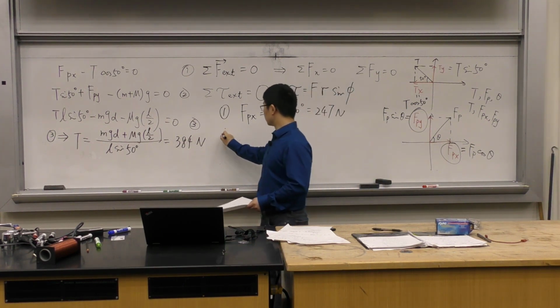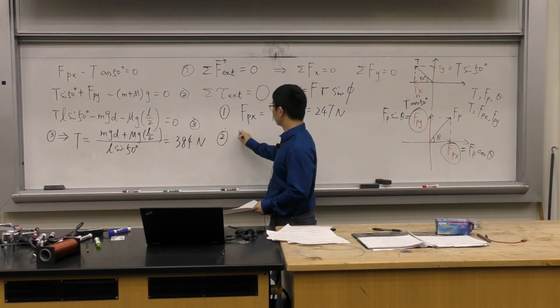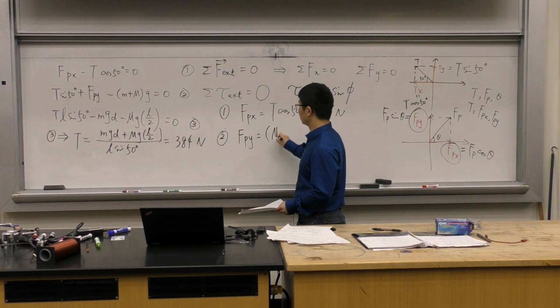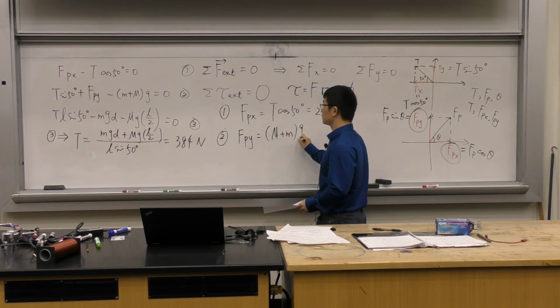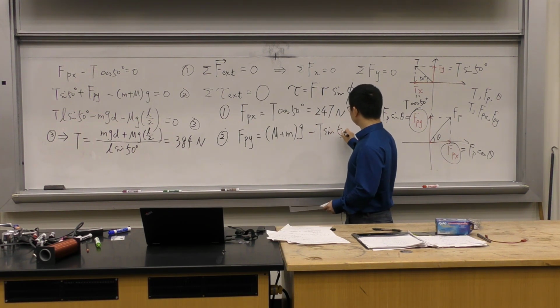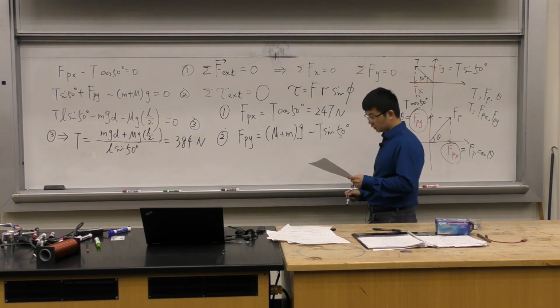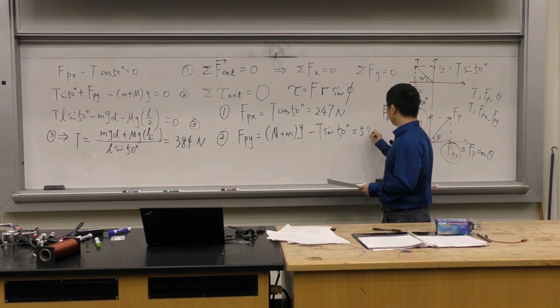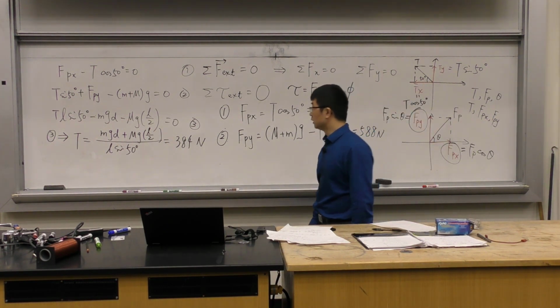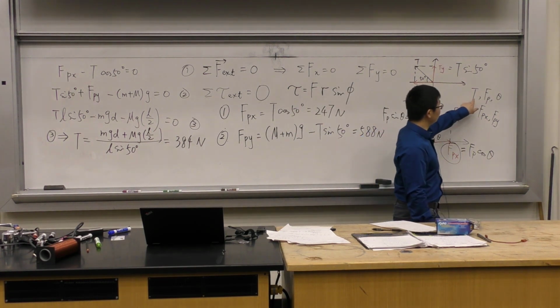And then plug T into the second equation. The y component is going to be this minus T sine 50. So this number I found is 588 newtons.